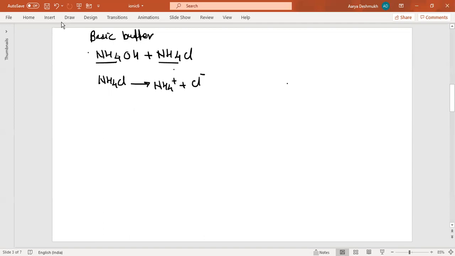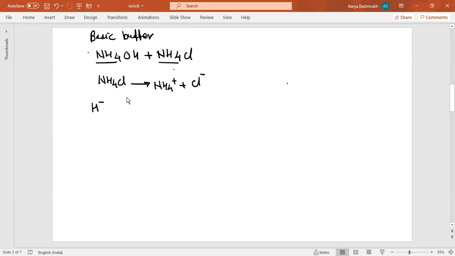Now a small quantity of strong acid is added. When you are adding a small quantity of acid to this solution of NH4OH and NH4Cl, what will happen to this base here?